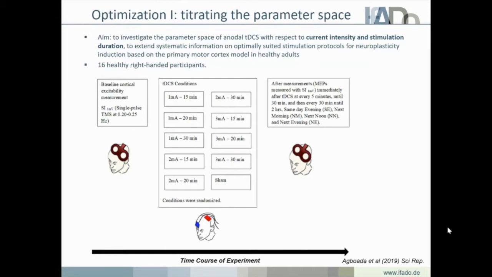Immediately after the stimulation, we measured after effects every 5 minutes up to 30 minutes, and then every half an hour up to 2 hours. Same day evening, next day morning, next day noon, and next day evening. So a long period of after measurements.